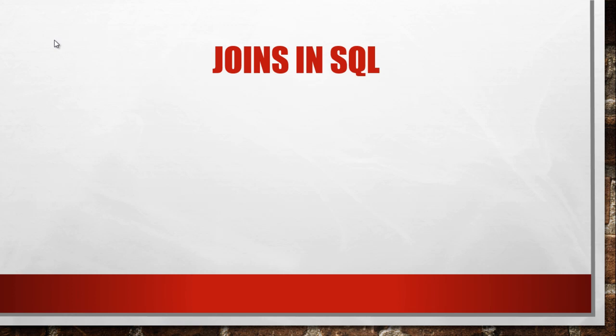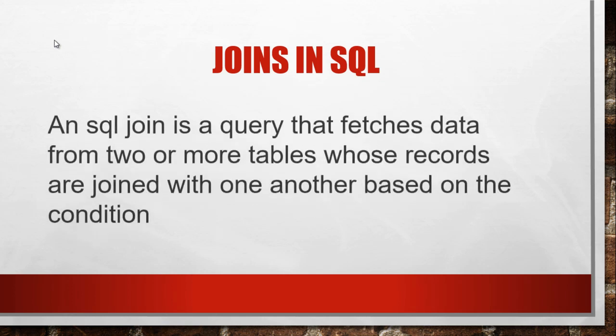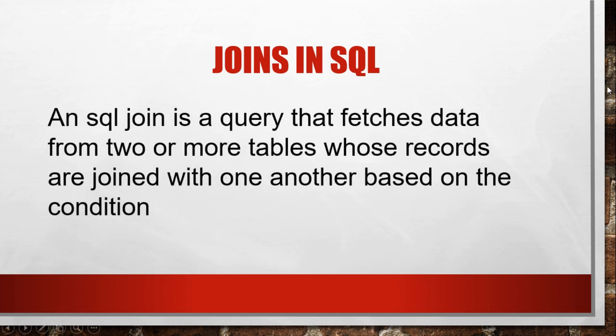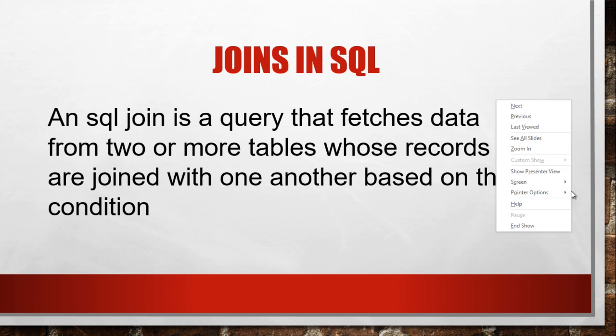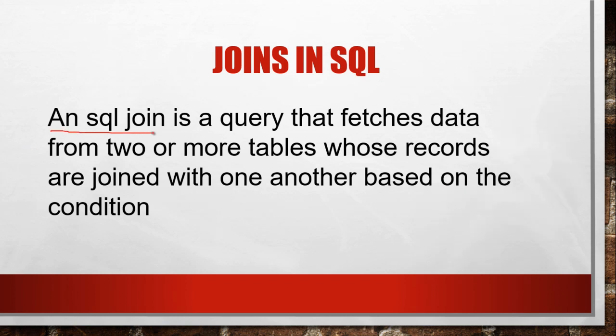So what are joins in SQL? The definition is that an SQL join is a query that fetches data from two or more tables.